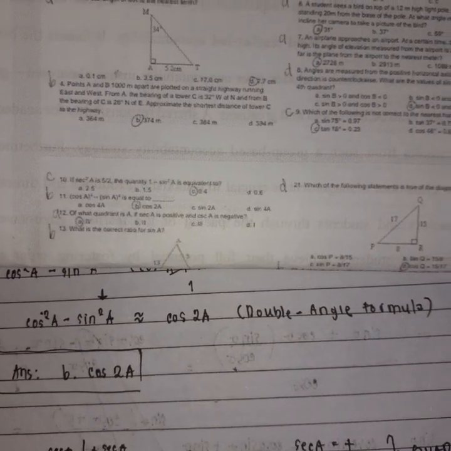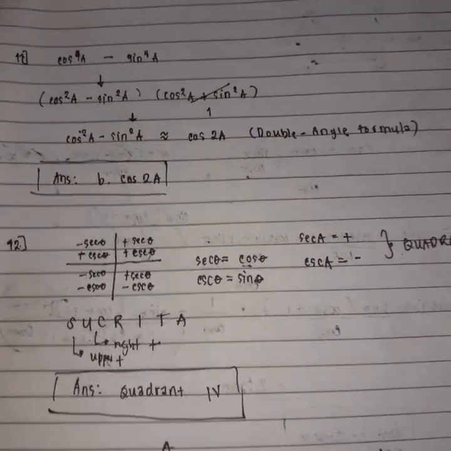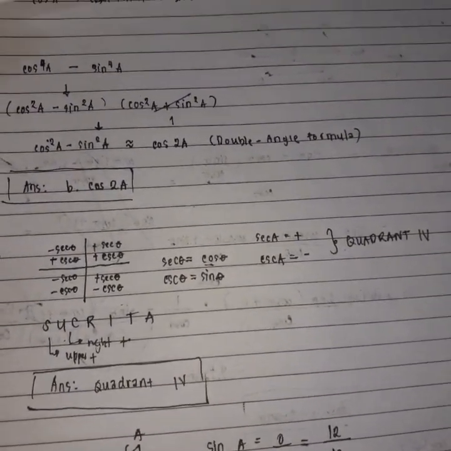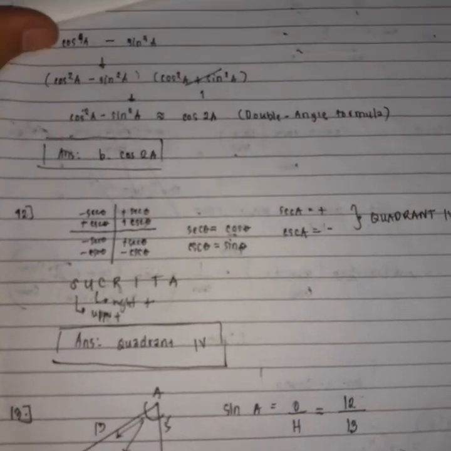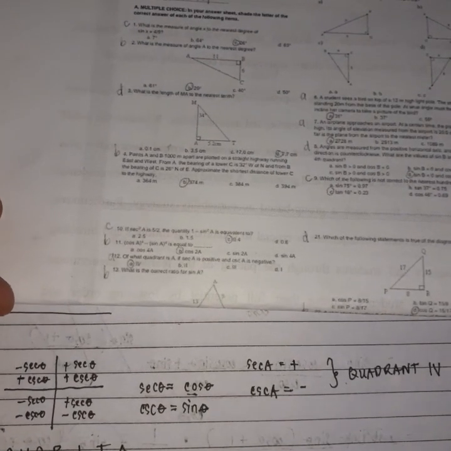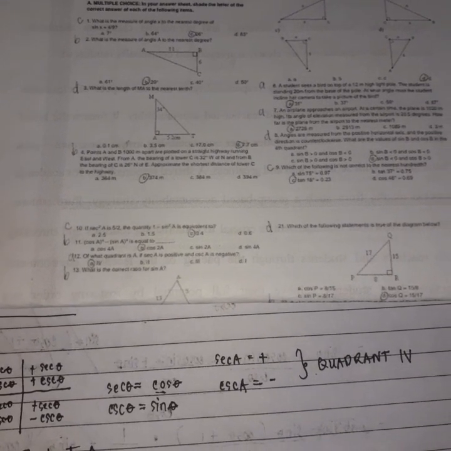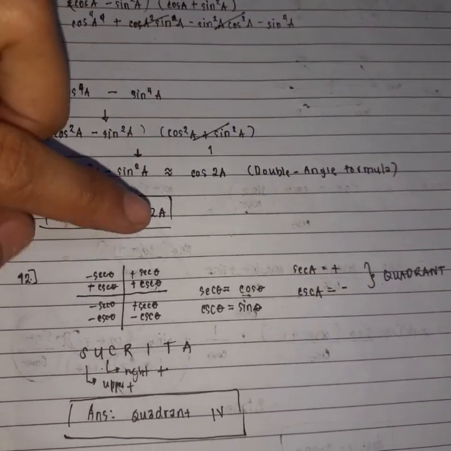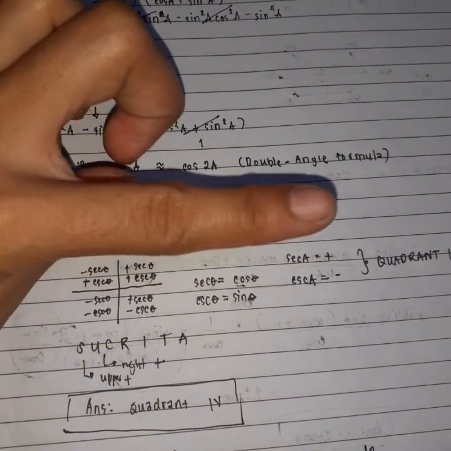Now let's have number 12. I'm so sorry for that, but number 12 states: in what quadrant is A if secant A is positive and cosecant A is negative? So we need to find the quadrant where secant A is positive and cosecant A is negative.